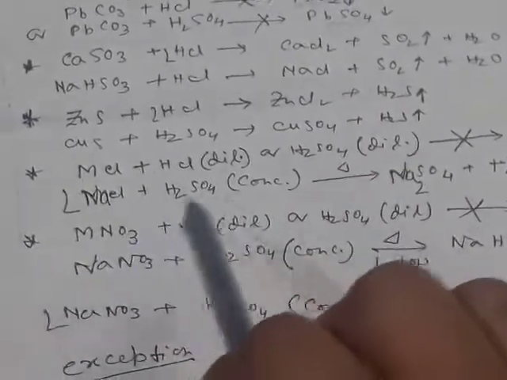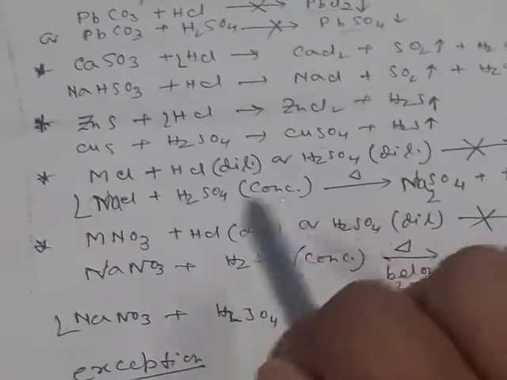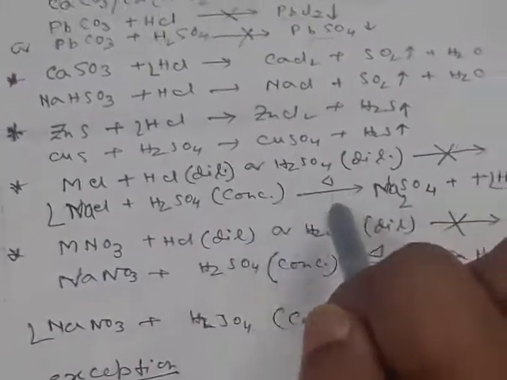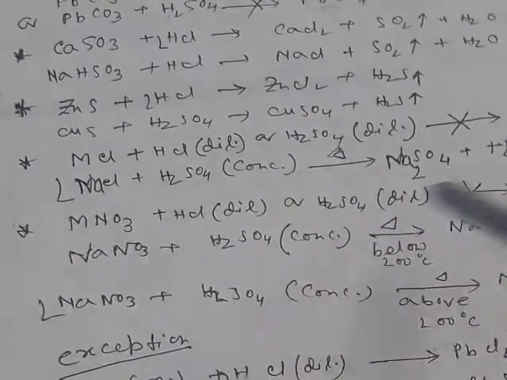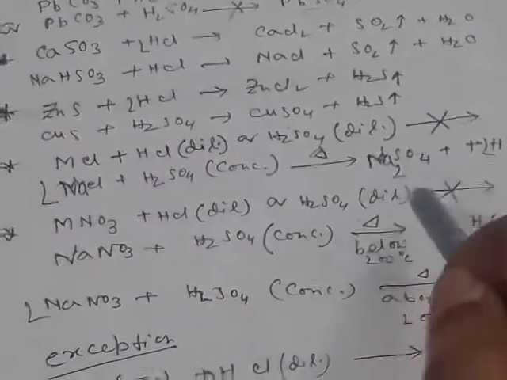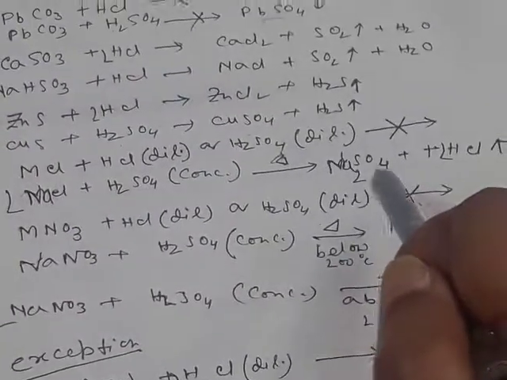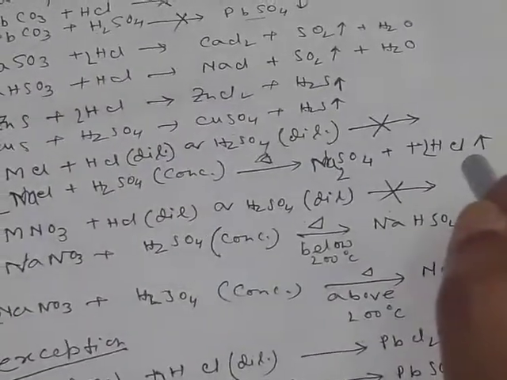But when the metal chlorides are treated with concentrated H2SO4 in presence of heat, given by the delta sign, then there will be formation of the corresponding salt and HCl gas comes out.